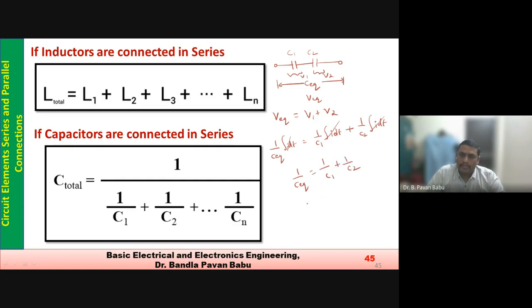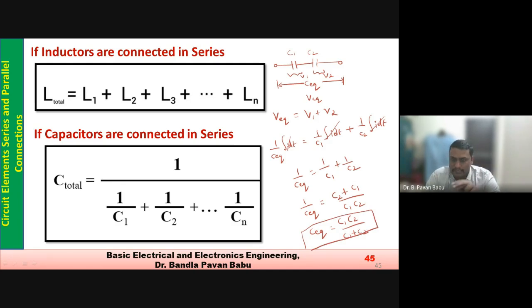How can I write it? 1 by C equivalent equals C2 plus C1 by C1 C2, if I go for the LCM. So C equivalent becomes C1 C2 by C1 plus C2. This is the equivalent value of capacitors when two capacitors are connected in series.